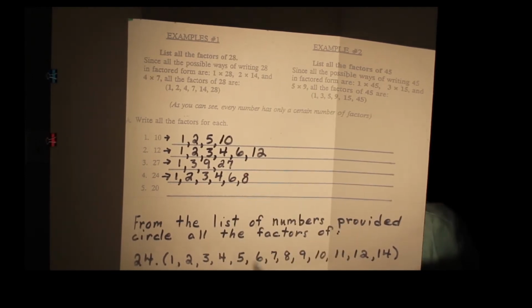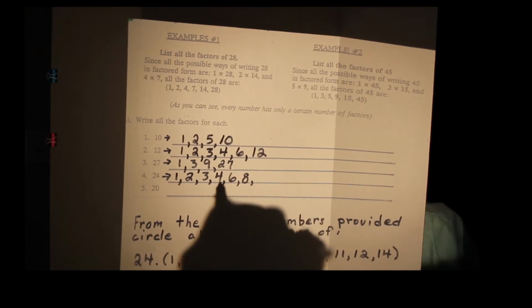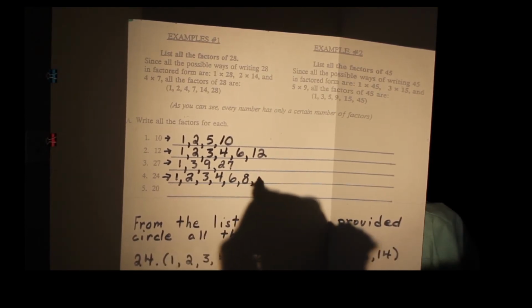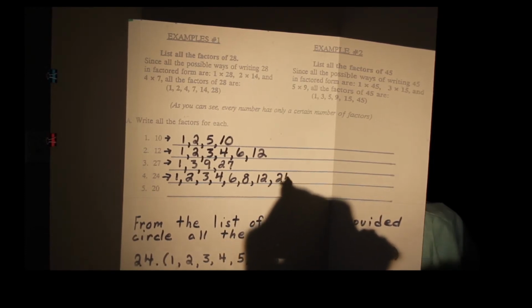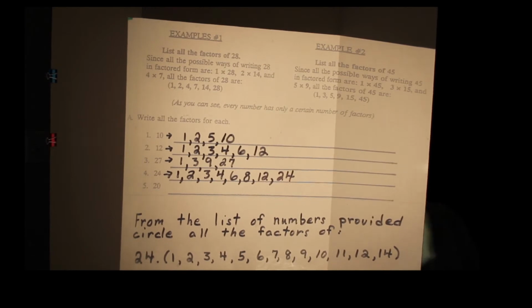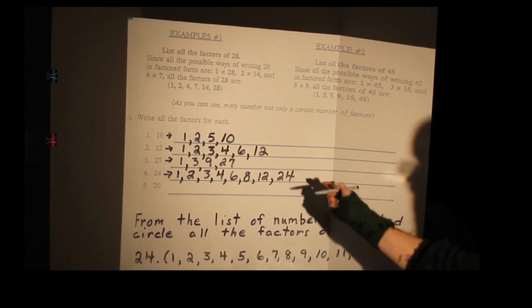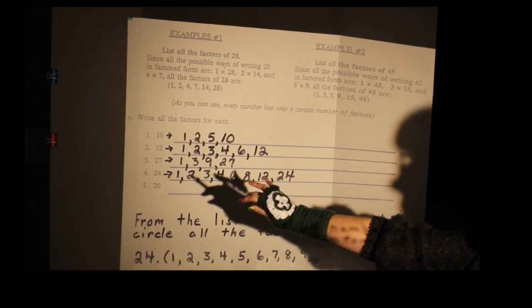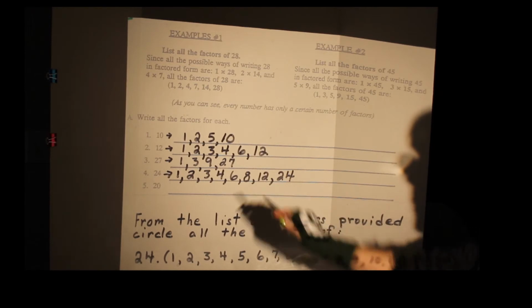So 4 times 6, 3 times 8, 2 times 12. And the last number is 24. Nothing else will fit evenly after 12, so you're jumping straight to 24. Even though 24 is not a very high number, all those are factors.